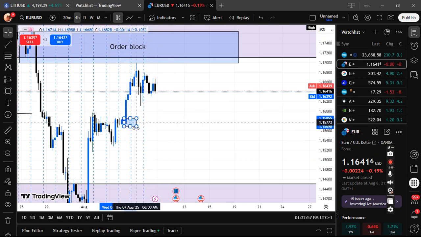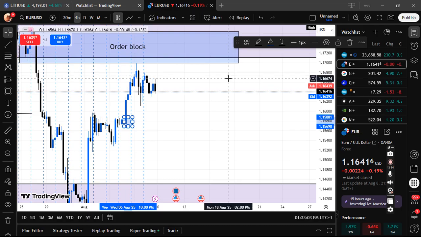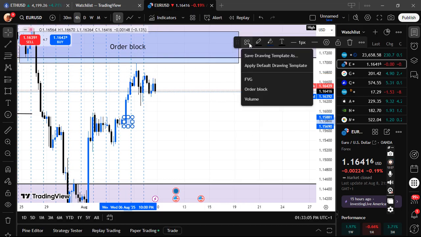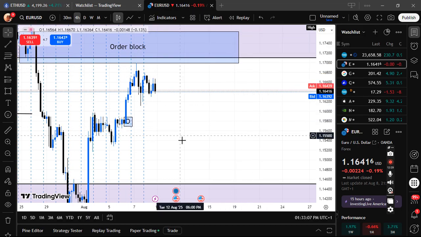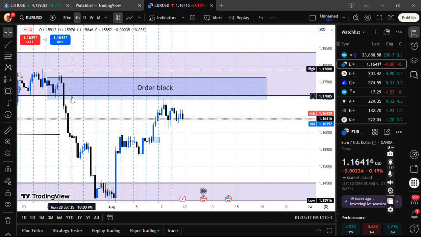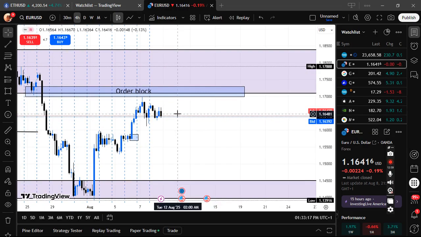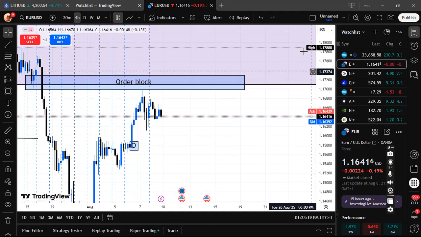So let's keep it back. But this and other block. So now we are seeing that okay, this market has given us a direction that the market is bearish.